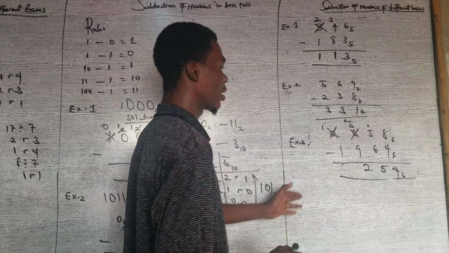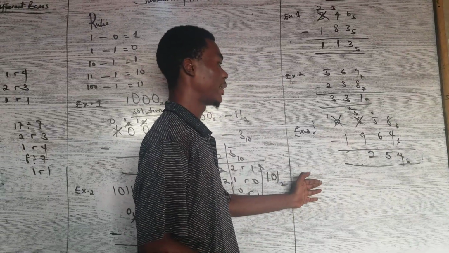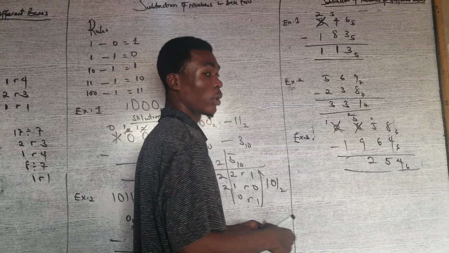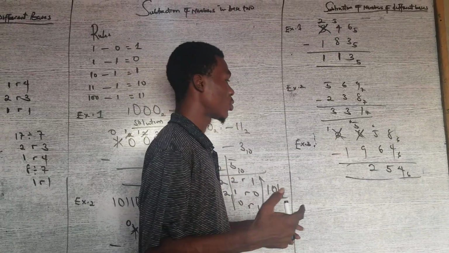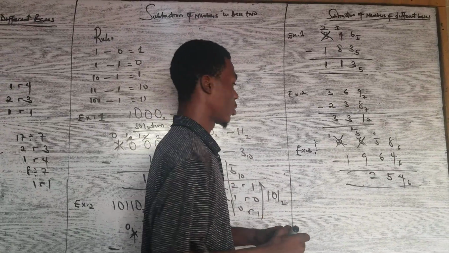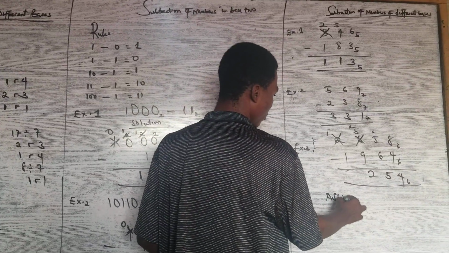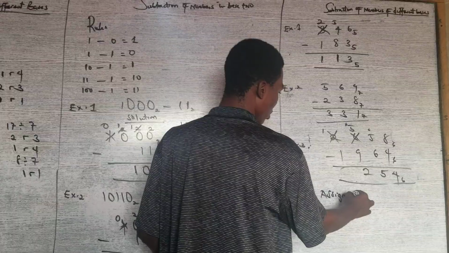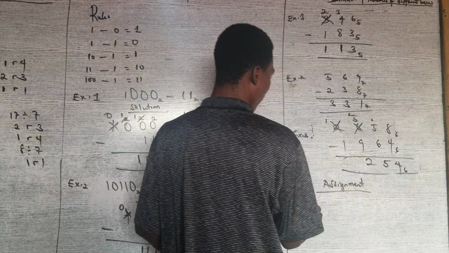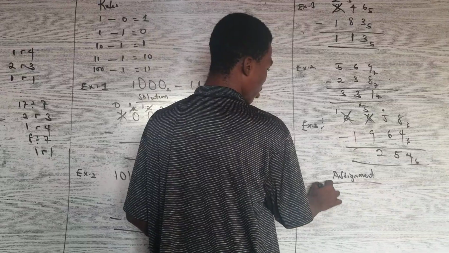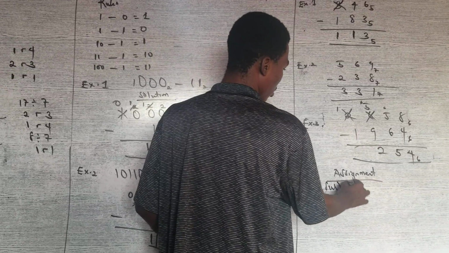So I'll just be giving 2 assignments on this, and I really want you guys to work on it. If there's anyone that really wants the solution to the assignment, just type that in the comment section. So assignment. Subtract the following.